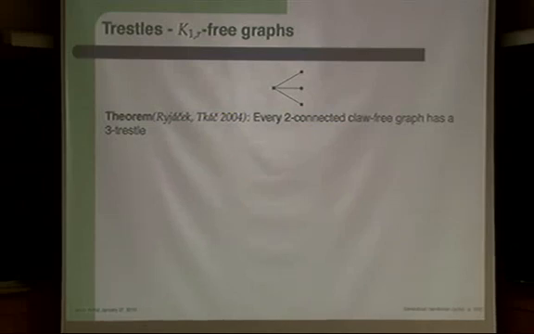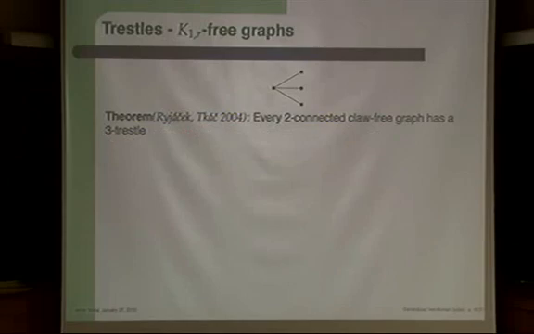It's really easy to prove that if the graph is claw-free, then it has a 2-walk. So these guys assumed that it might be true for trestles as well, but they were only able to prove it for r equal to 3.